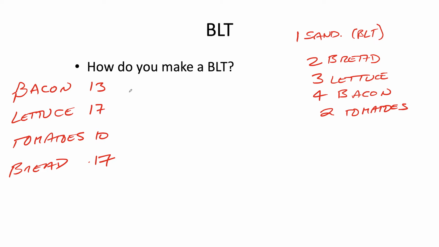So let's look at bread. We got 2 slices of bread. 2 goes into 17, let's see, 8 times. So we can make 8 sandwiches and have 1 piece left over. Tomatoes, 2, we can make 5 sandwiches with tomatoes.